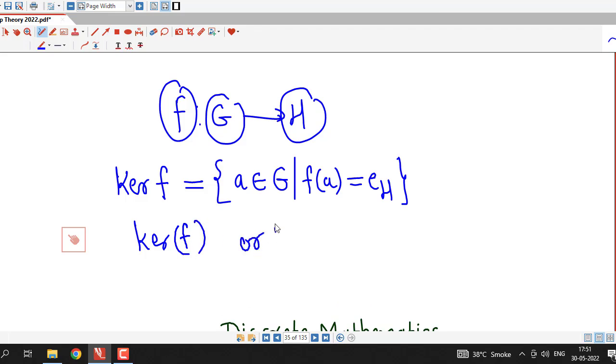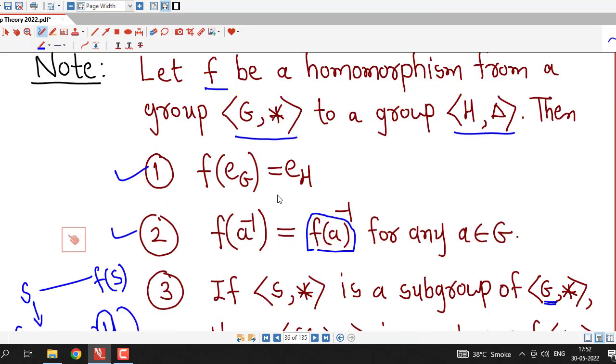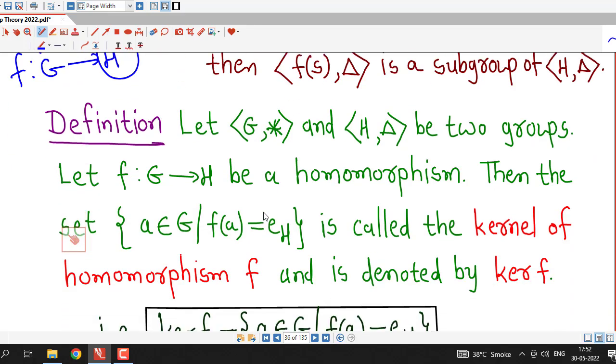All these notations are valid. So kernel of group homomorphism is a subset of the domain of group homomorphism, which is group G here, and it is the set of those elements of group G which are mapped to identity of group H. This is the definition of kernel of homomorphism, and it is always a subset of group G which is the domain of given homomorphism.